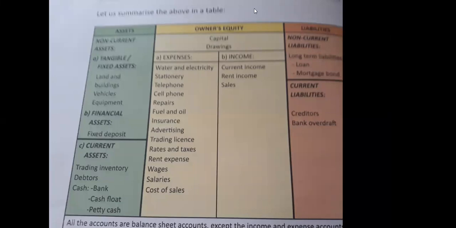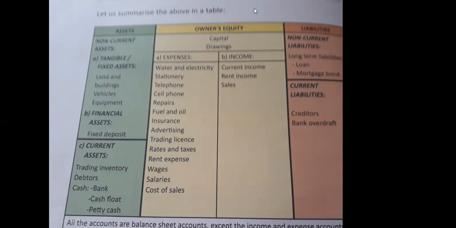That is a rent income transaction. But as soon as you start to pay things, like you pay the water and electricity bill, you pay the telephone bill, you purchase stationery, you pay for it, you want to advertise your business so you pay for advertisement, then as soon as you pay for something, it will be seen as expenses.